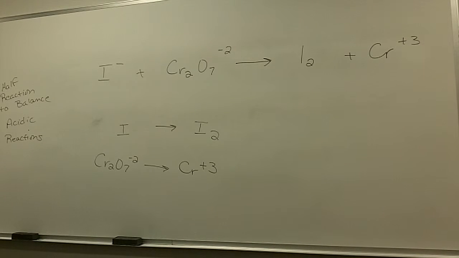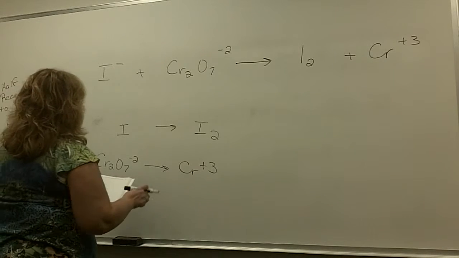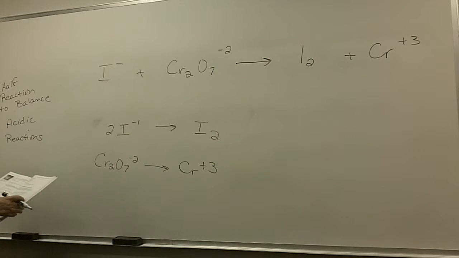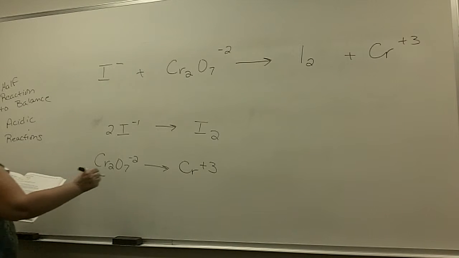So what we're going to do here is balance this by putting a 2 in front of it. 2 negative 1s, 2 negative 1s. All right? The 2 chromium atoms are balanced with this.